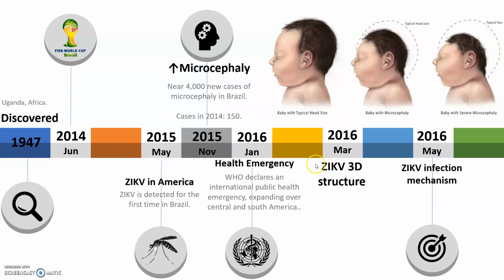By March of 2016, the Zika virus 3D structure was discovered and published. And by May of 2016, the infection mechanism of Zika virus was studied by several groups around the world.